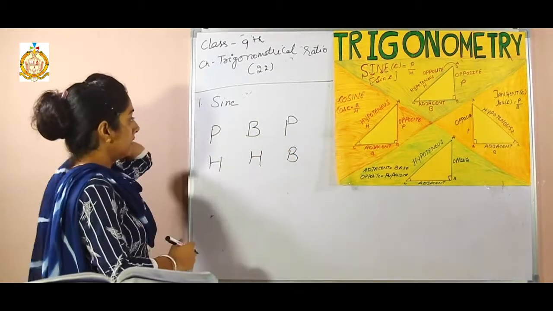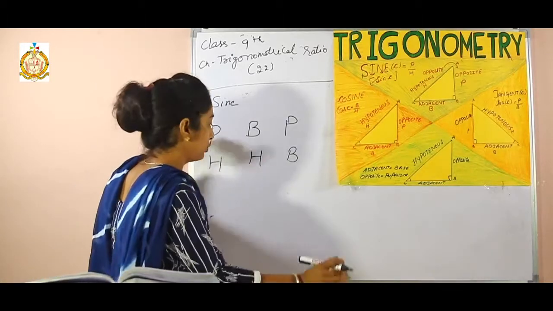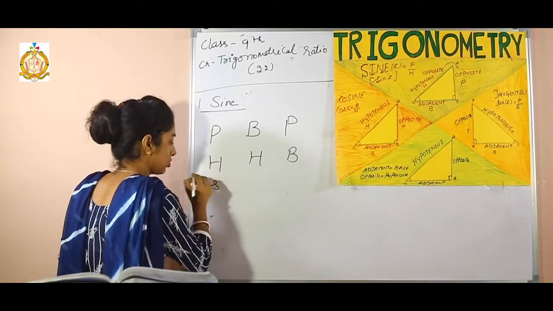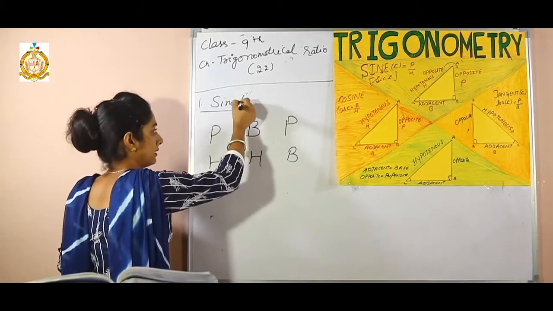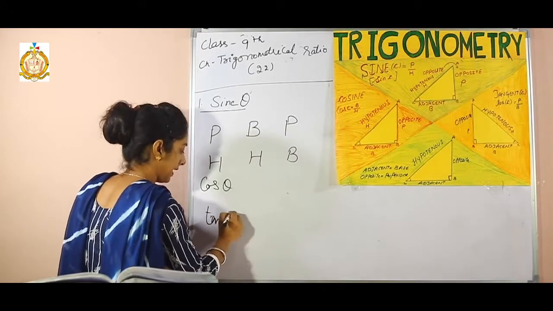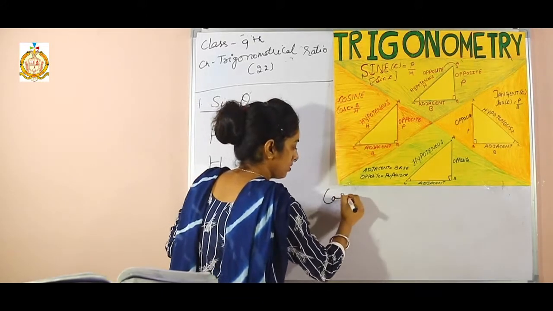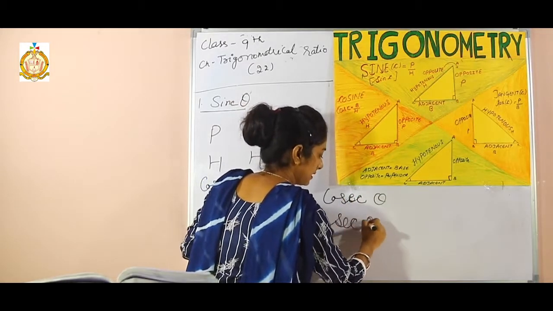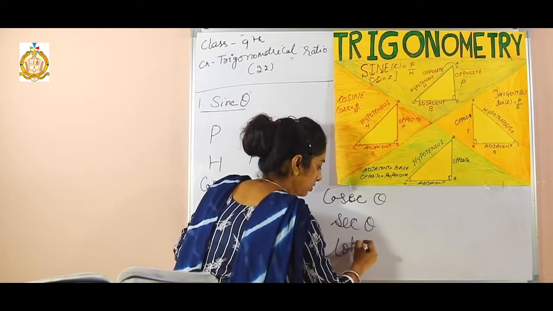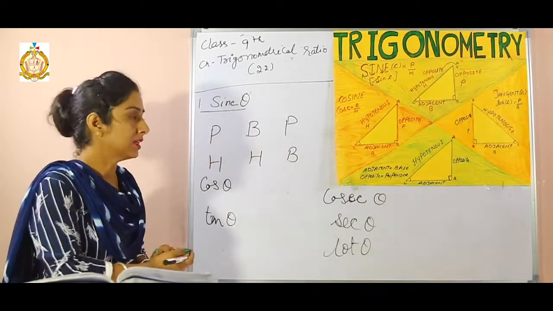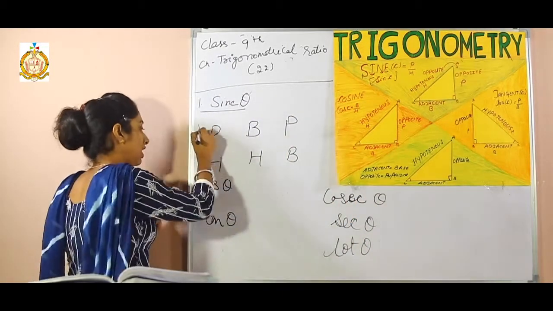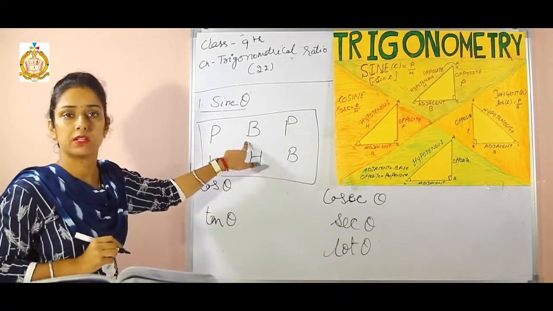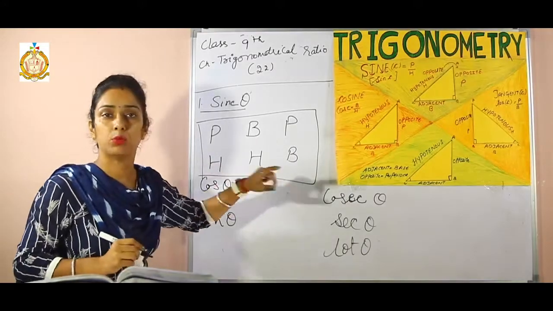First of all, we have 6 measurements: sine theta, cos theta, tan theta, cosecant theta, secant theta and cot theta, right? Now I give you one phrase: Pandit Badri Prasad har har bole.